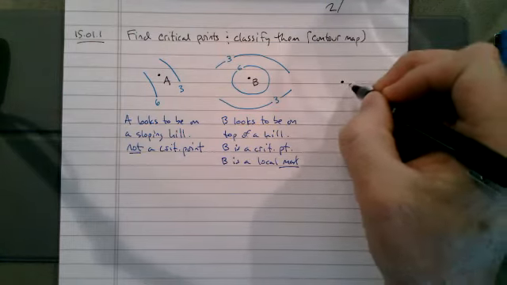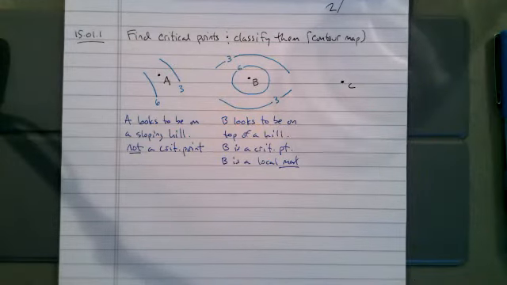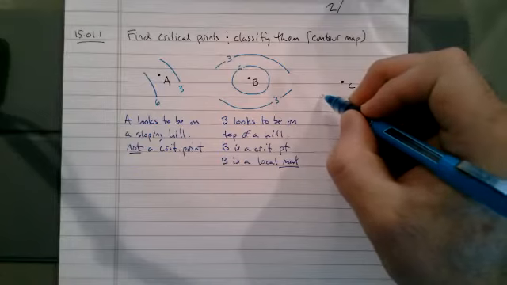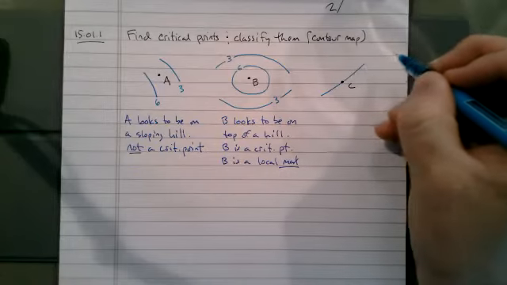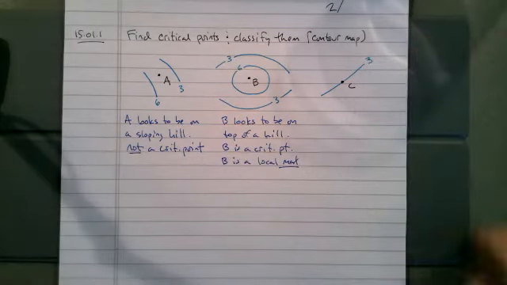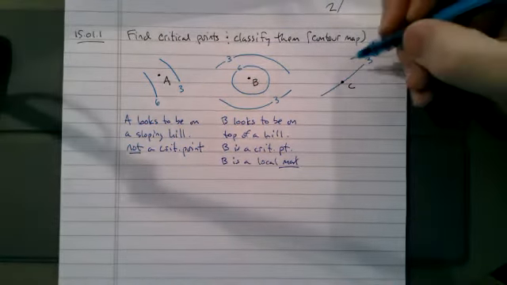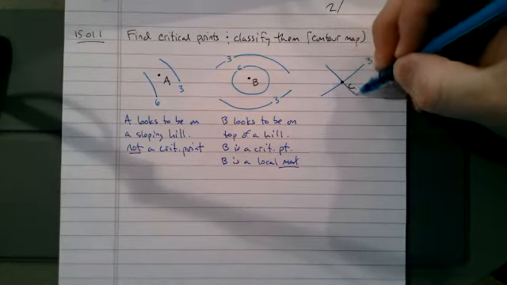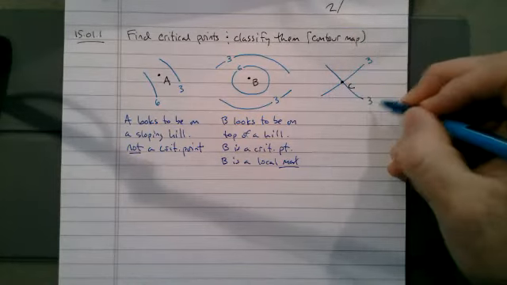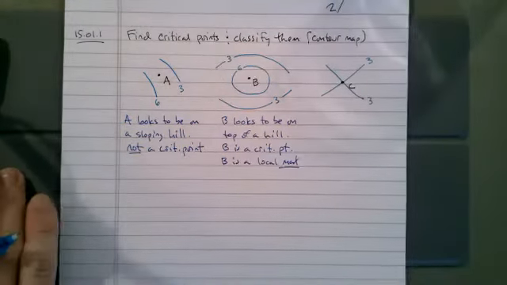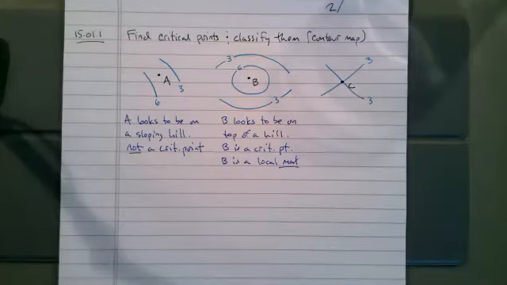There's a contour running through C this way, which is a 3 contour, and there's a contour running through C the other direction. So C is at this little cross of 3 contours. So the height of C looks like it's definitely going to be at 3.